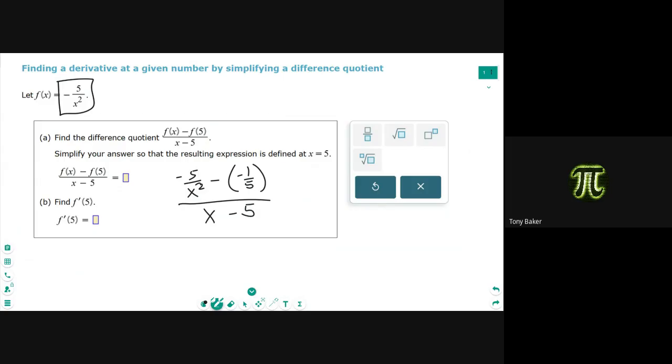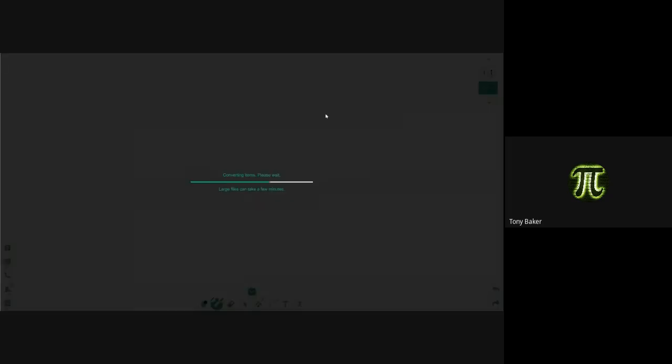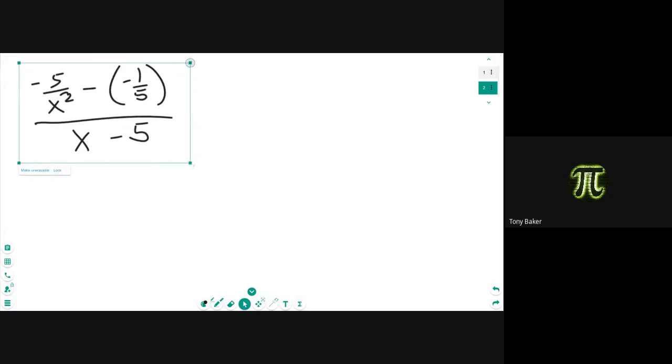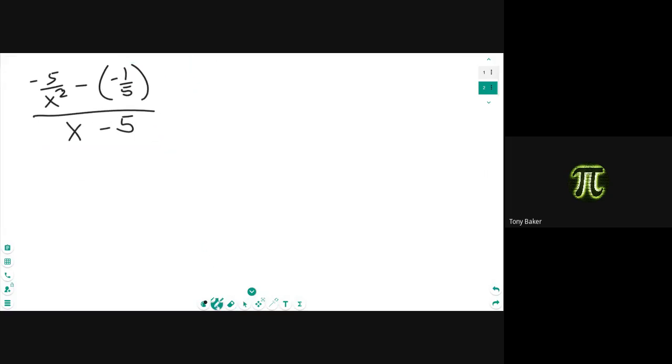All right, so now let's take that equation there, and we're going to play with it and simplify it. So let's look at the top first. If I get a common denominator, I've got negative 25 plus x squared over 5x squared. If I reverse that, I get x squared minus 25 over 5x squared.